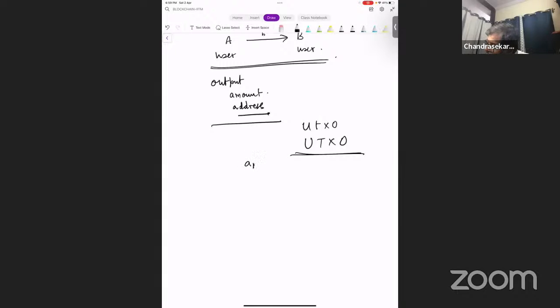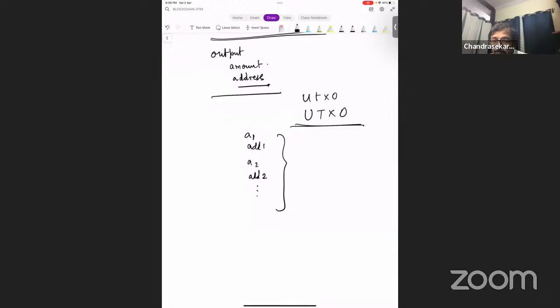Amount 1 to address 1, amount 2 to address 2. Like this I can specify, and the total sum is the output sum in this transaction.